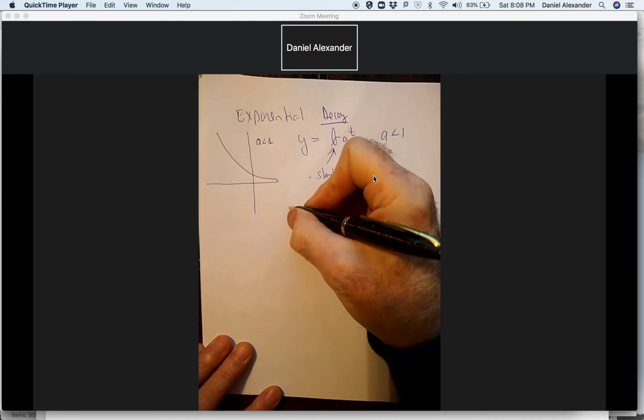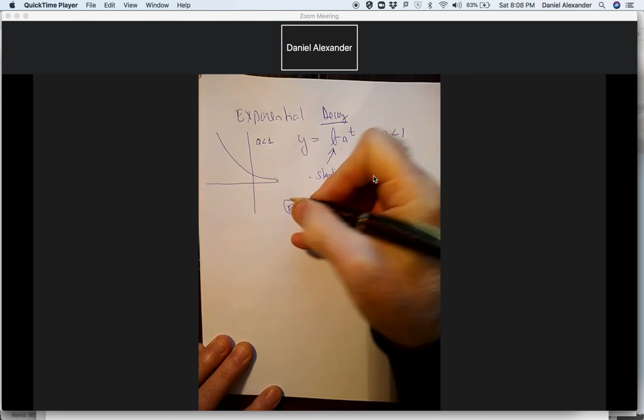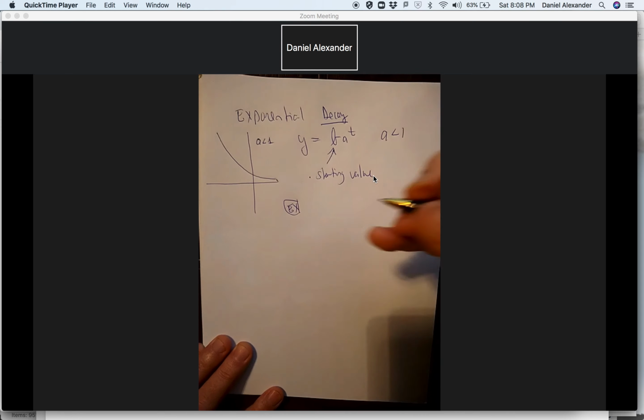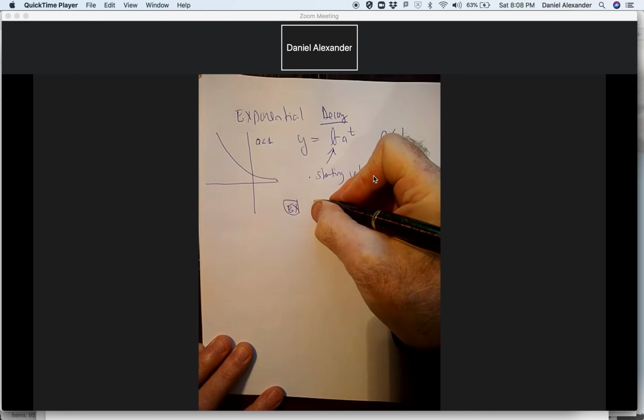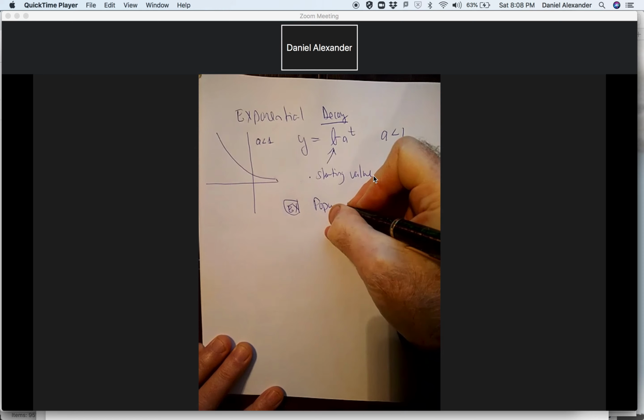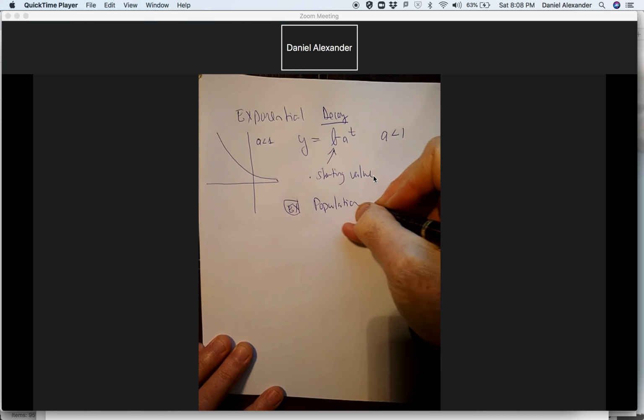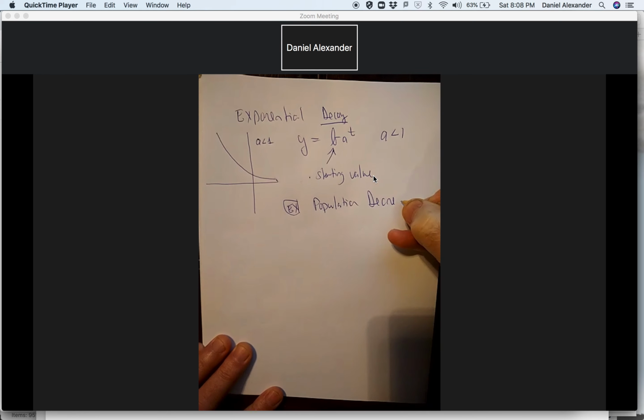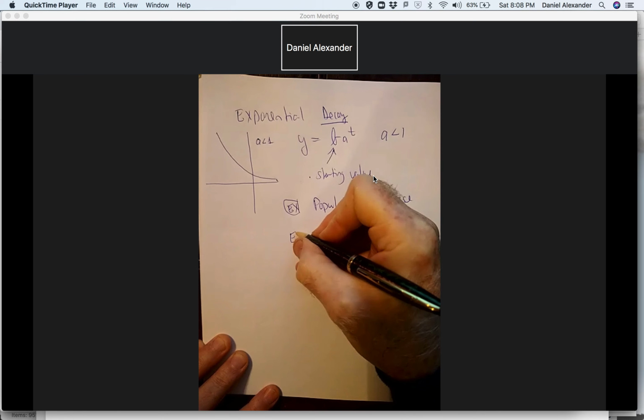Some examples of this might be population decrease. We'll see an example of that, if a town or some area is losing population over time.